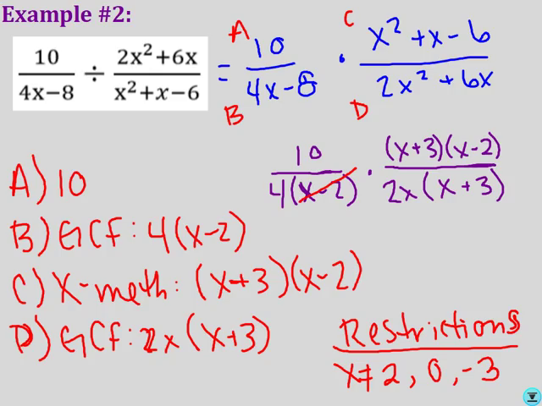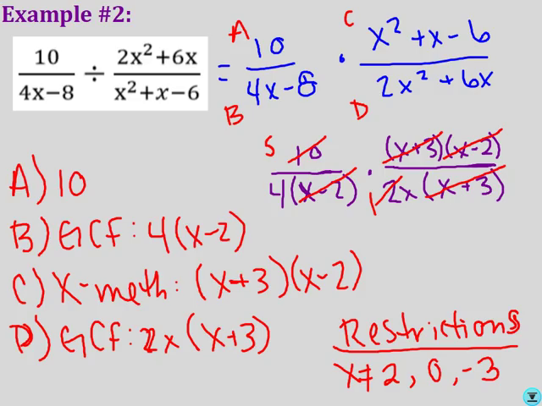So x minus 2 can simplify out, x plus 3, 1 in the numerator and 1 in the denominator. And then you can do the 4 and the 10, or the 10 and the 2. Doesn't matter which one. I'm going to pick 10 and 2 because to me that's just easier. So I'm going to have 1, 2 goes into itself once and 10 times, and 10, 5 times.